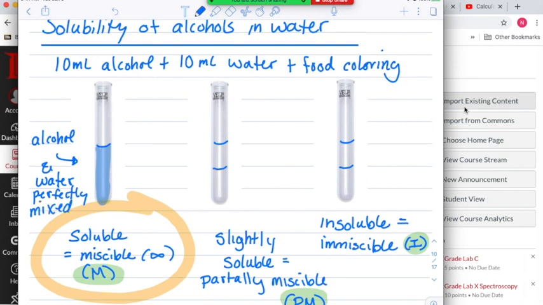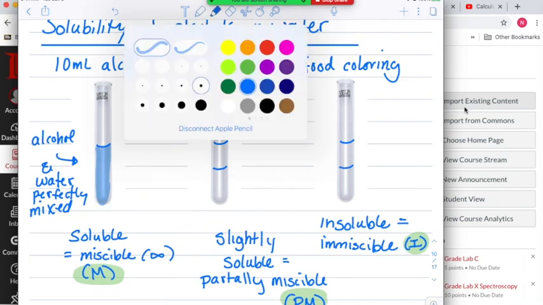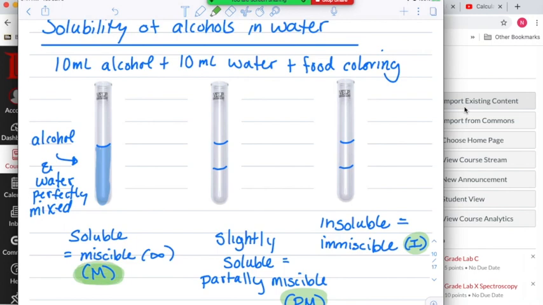I said perfectly mixed because it will become a homogeneous solution if you do perfect mixing just like I did. No, I'm kidding. If you stir this up, it will go to a homogeneous solution. So we say that it is perfectly mixed, and that is something that is miscible, which you're going to notate with a capital M on your lab.